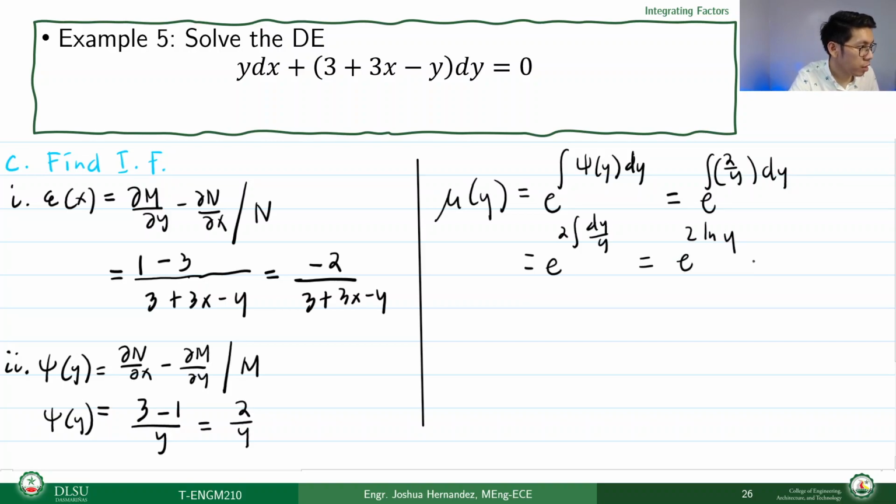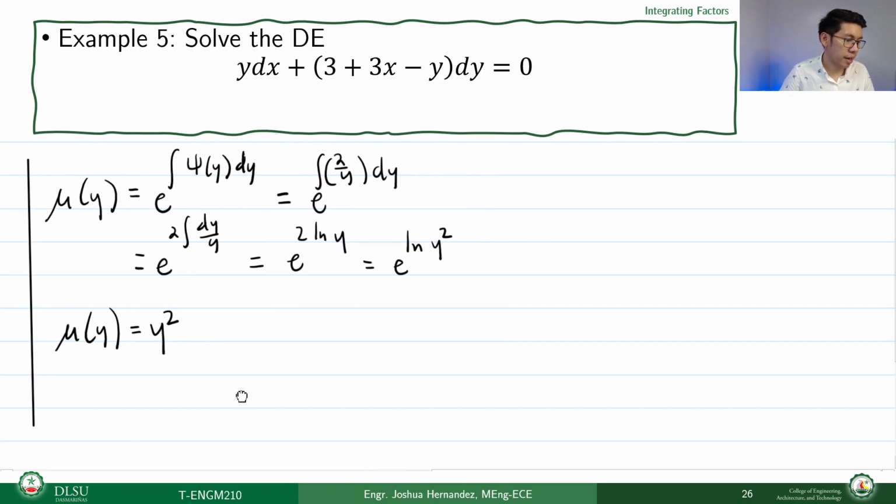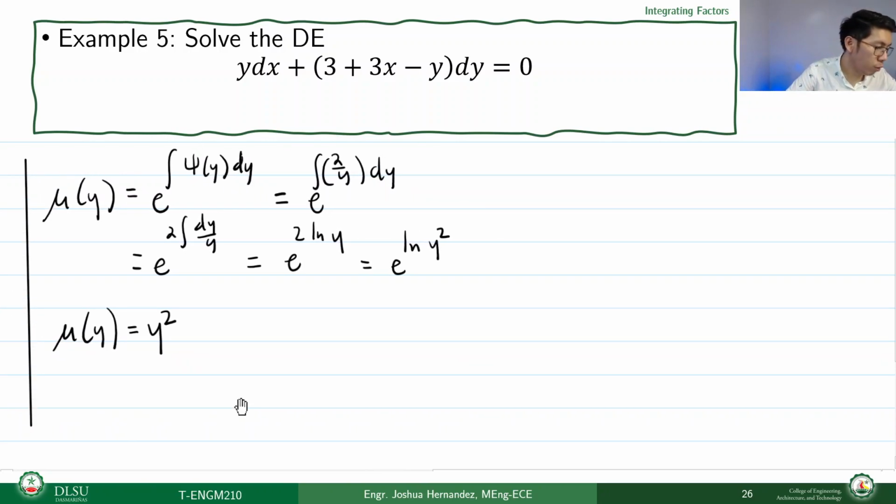And by property of logarithms, e raised to ln y squared. Finally, when a natural logarithm is raised to e, they cancel out, and we're left with mu of y being y squared. Ayun. Okay. Alright. Now, nakuha na natin yung ating integrating factor, which is y squared.